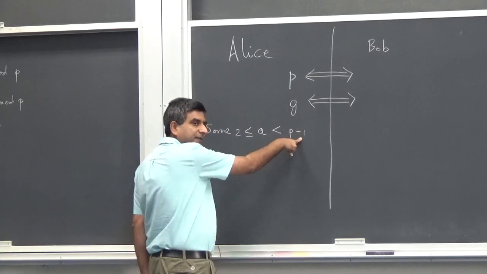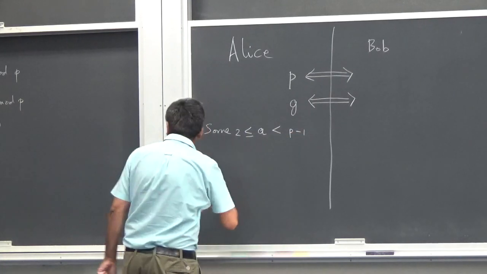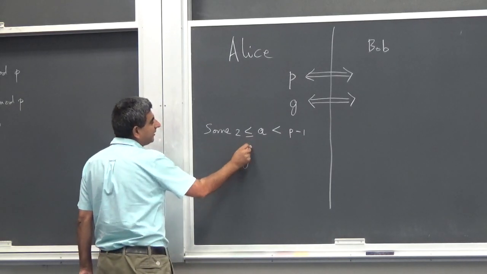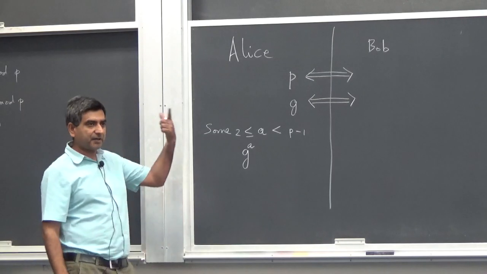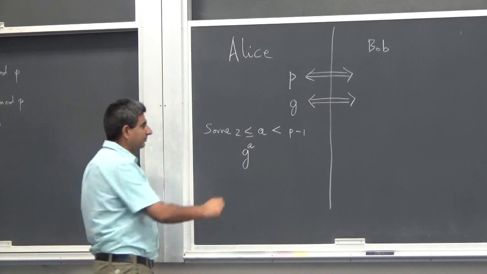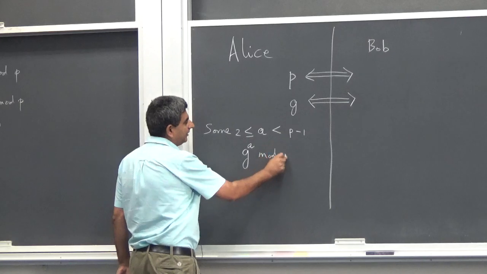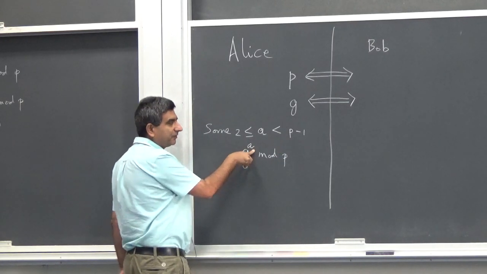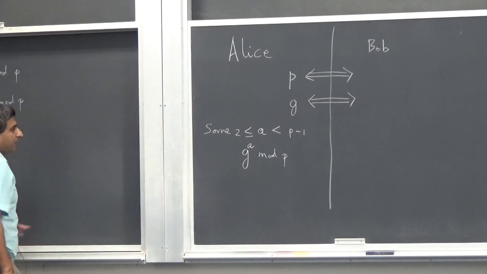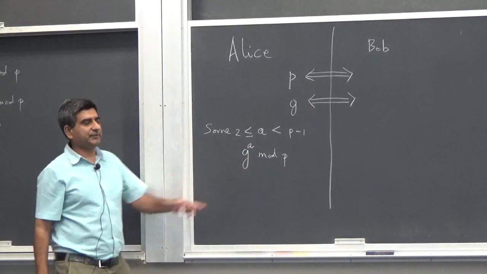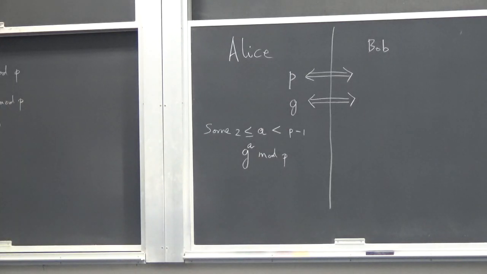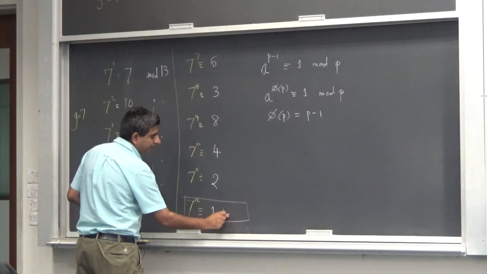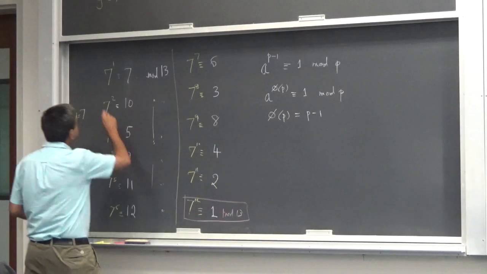So it can't be p minus 1 and it can't be 1, because what Alice needs to do is create g raised to power a mod p. So this a has to be less than p minus 1, because if it were p minus 1, then the answer is simply 1. This is just a trivial result, mod p. This is trivial and this is trivial.